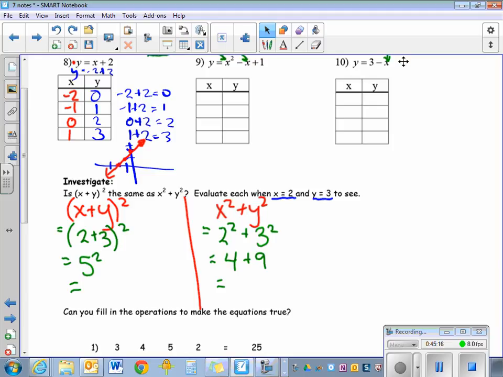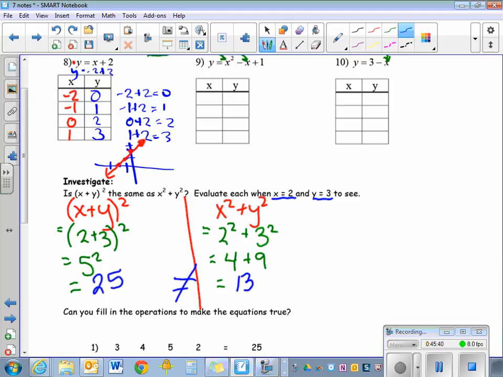Alright, what did we get for the left side of our equation? X plus y quantity squared. What did we get for that? 25, very good. So 5 squared, which is 25. Now how about the right side? When we did each individual term squared, what did we get? 13. Are those the same values?